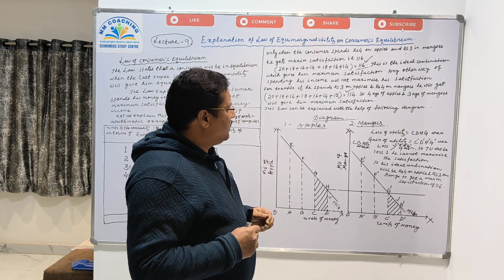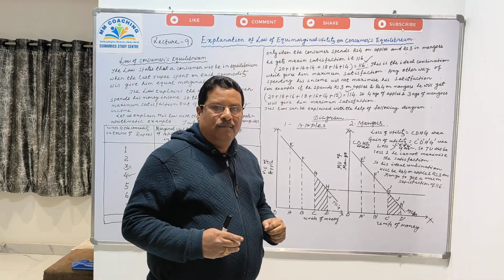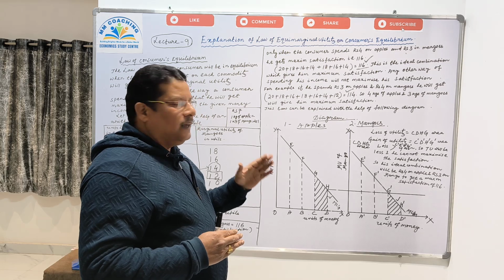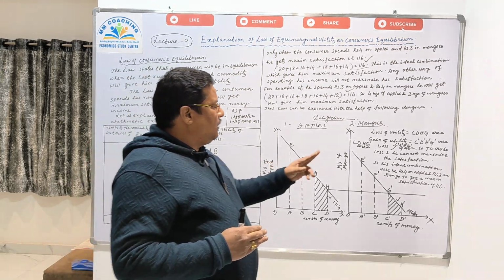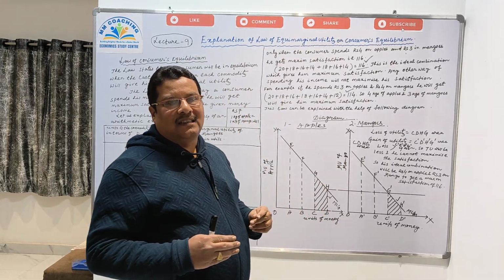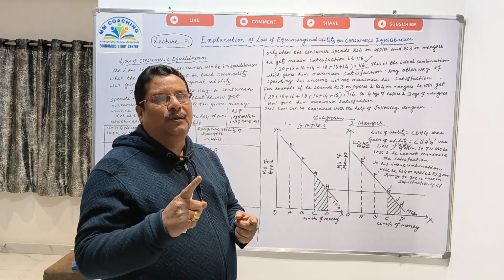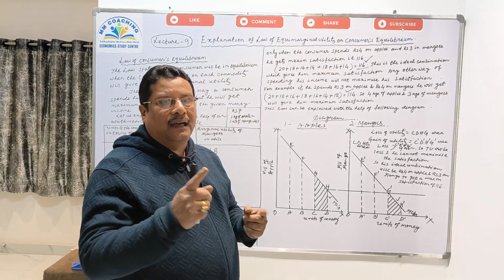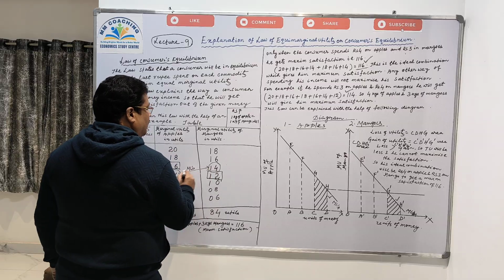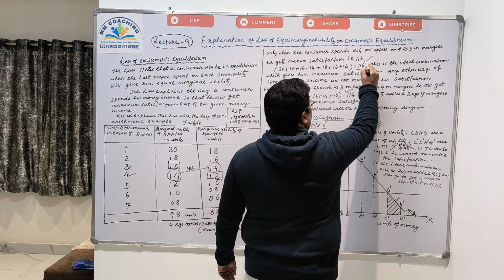Therefore, his ideal combination will be when he spends rupees 4 on apples and rupees 3 on mangoes, then he will get maximum satisfaction, because in the last rupee of both apple and mango, marginal utilities are equal and total utility becomes maximum.